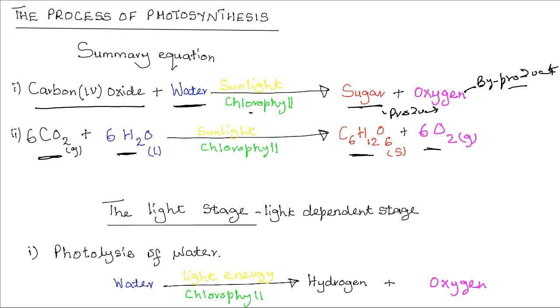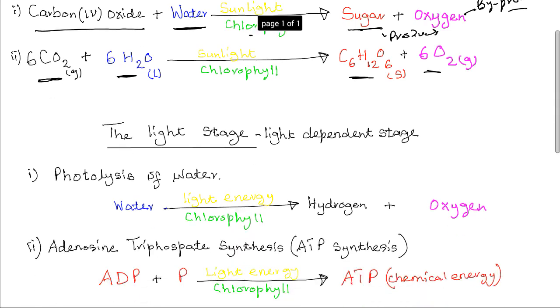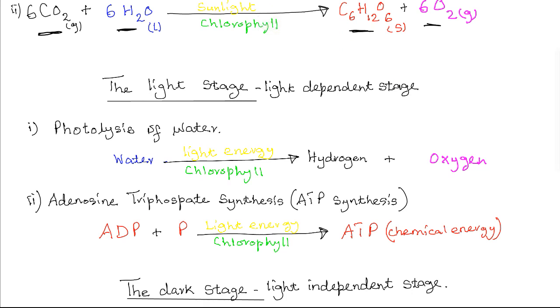The chlorophyll molecules absorb light energy, and this energy is used in splitting of water into oxygen and hydrogen ions. In the process, some energy is also released. Chlorophyll absorbs light energy.